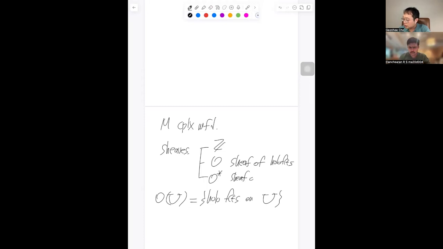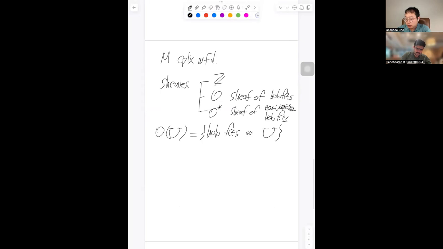The reason why I mentioned this is that it is extremely important: we can always induce the short exact sequence for an arbitrary complex manifold. It does not require any condition. So there's an exactness from Z to O star.